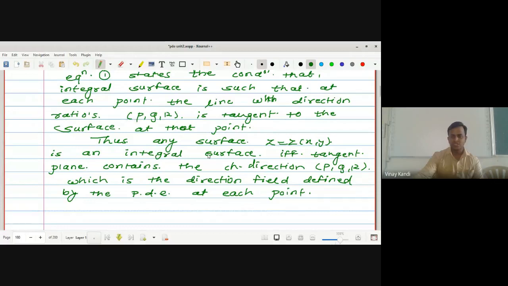Thus any surface z equal to z of x, y is an integral surface if and only if the tangent plane contains the characteristic direction PQR, which is the direction field defined by the partial differential equation at each point.